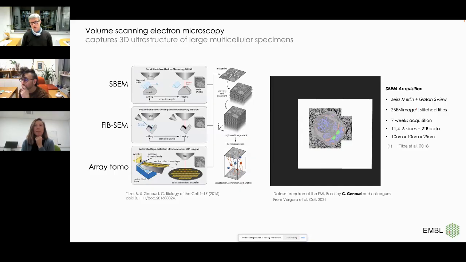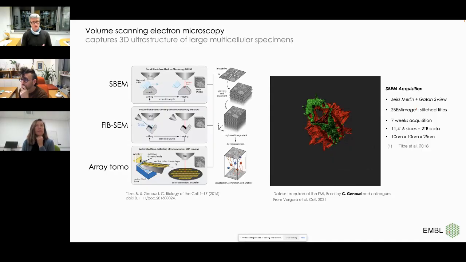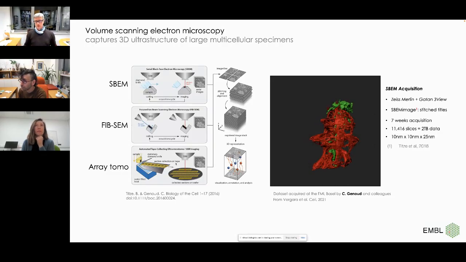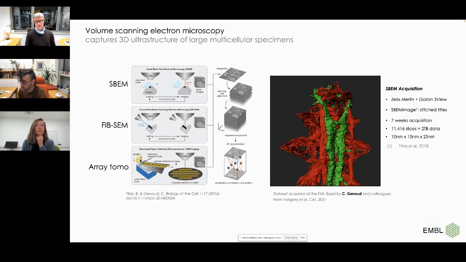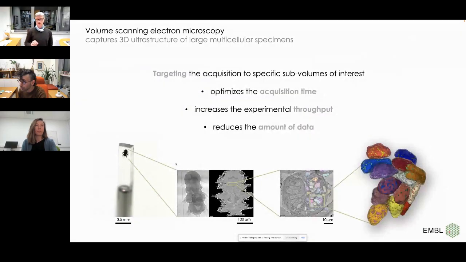And of course, if you are interested in just cells, that would not be a proper strategy. A full organism of that, you would not have the throughput that's going to be large enough for the number of observations and so on. So for volume EM techniques, if you are not interested to image the full organism, it might be good to design strategies in order to target specific corners to then do the high resolution imaging.